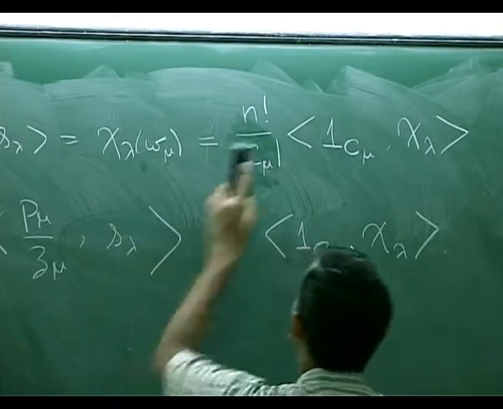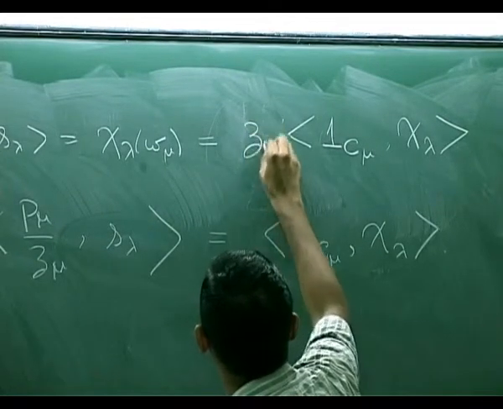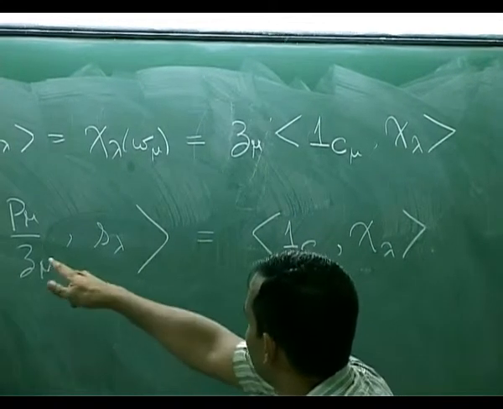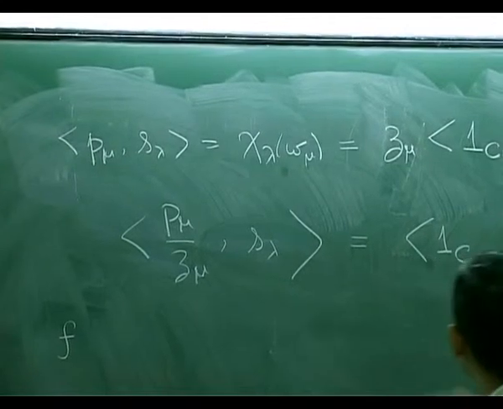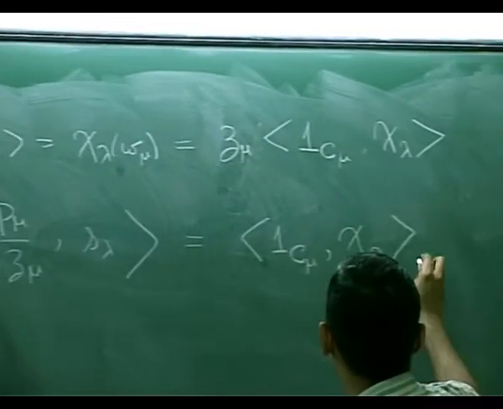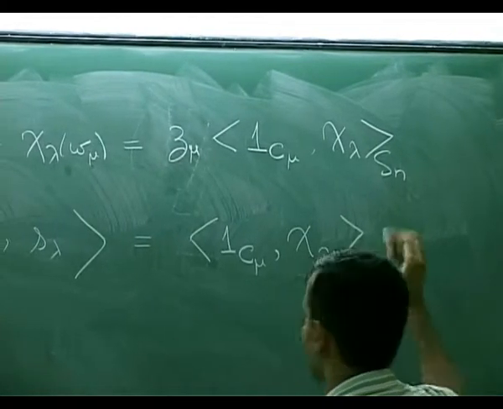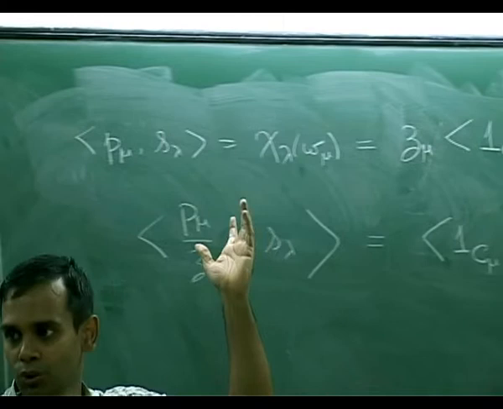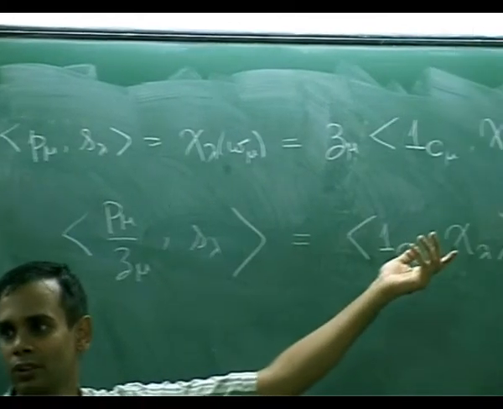Okay, confuses me all the time too. So this is the identity you get: the inner product of p_mu over z_mu against s_lambda is this. Here probably I should write S_n. So this one is on symmetric functions, where the Schur functions form an orthonormal basis, and this one is the one that's used for Schur's orthogonality relations.